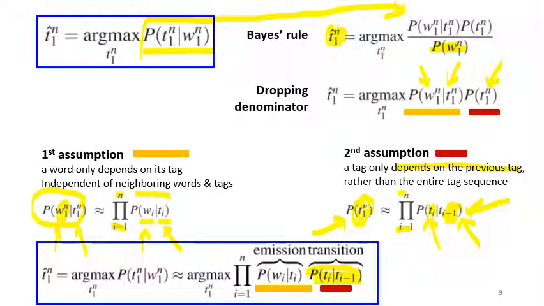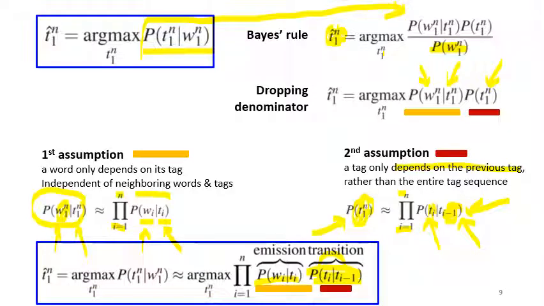The probability that the tag changes from one tag to the other tag. So this is the transition probability: the probability of moving or changing from one state, even though it is hidden, to the other tag or state. And the first term here is the emission probability.